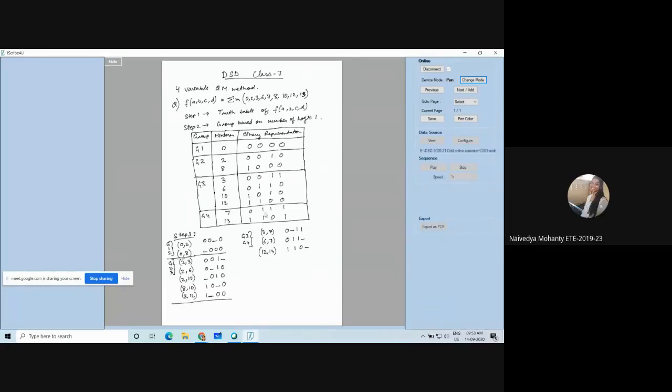Okay, ma'am. I have a doubt, ma'am. Tell me. Ma'am, we don't make a group between group 2 and group 4, ma'am. No, we don't do. We only do between adjacent groups. Okay, ma'am. So 1 to 2, 2 to 3, 3 to 4.